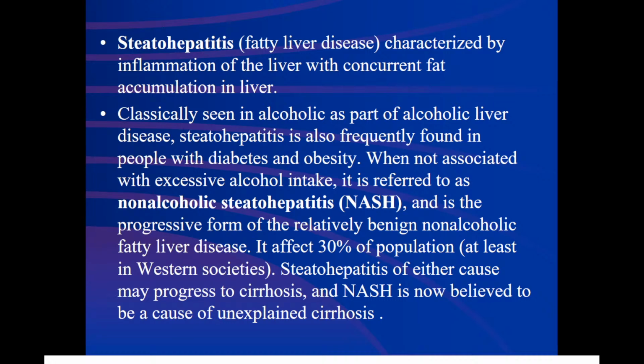Hepatitis means inflammatory liver disease, and steatohepatitis in adult persons is very common, and it affects the liver and its work. It is a risk factor for cirrhosis and for liver carcinoma.